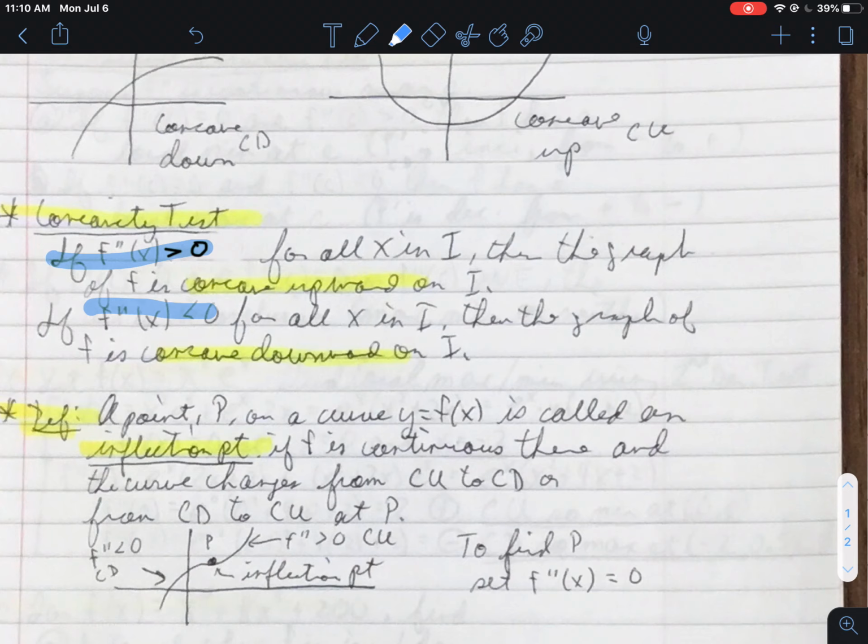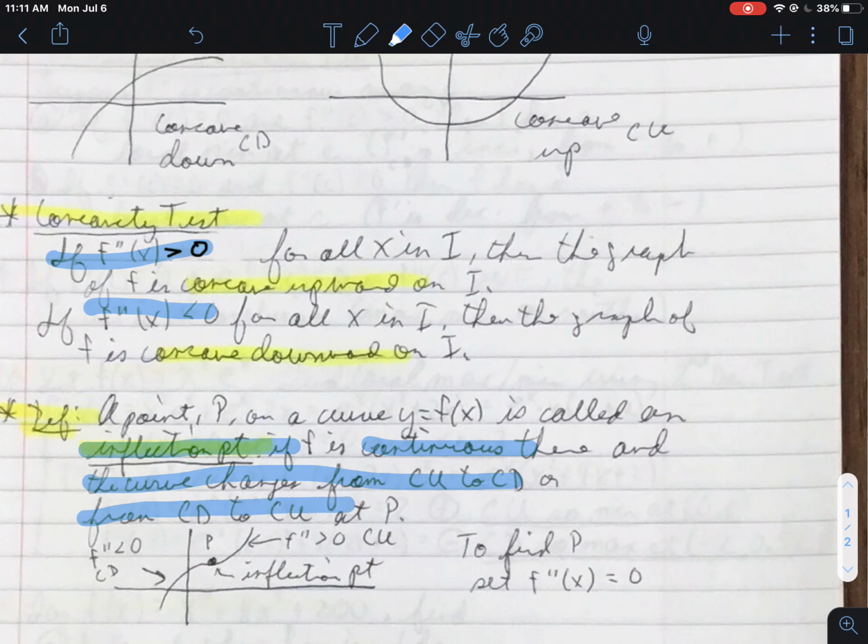A point P on a curve y equals f of x is called an inflection point of that function if f is continuous there. There's our good old continuity as always. And the curve changes from concave up to concave down, or concave down to concave up.